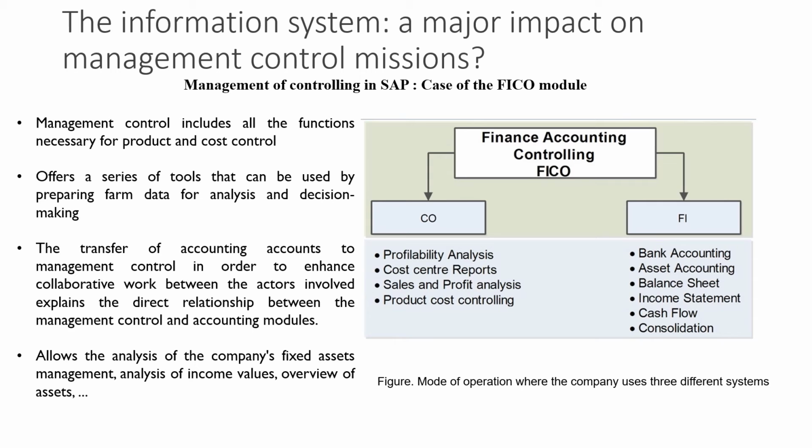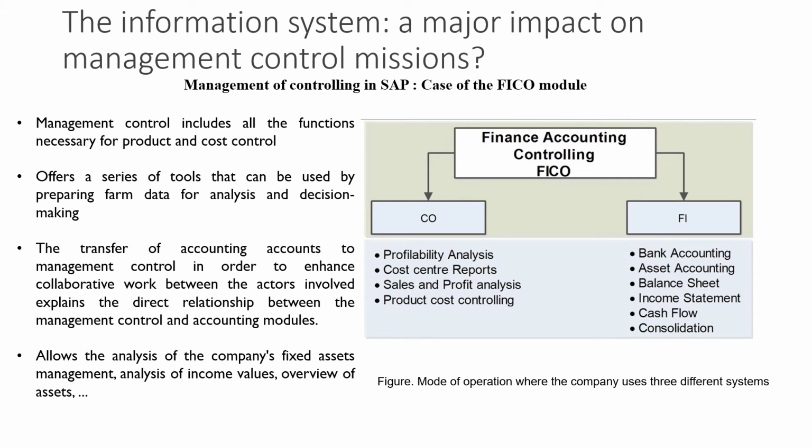Let's move now to the management of controlling in SAP, the case of the FICO module. As you can see in the figure, which illustrates the mode of operation where the company used three different systems, the finance accounting and controlling is divided into two parts, the CO and FI.